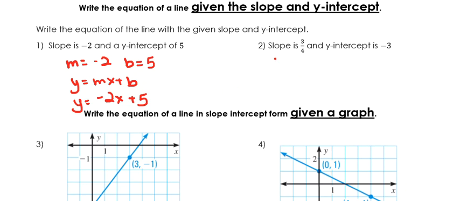Over here, your slope is 3/4, and your y-intercept is -3. So you're just going to have y equals 3/4x minus 3. And I just want to make sure I pointed out, the rate of change, the slope, is always next to the x. The y-intercept does not have a variable next to it. So that's a really good way of actually identifying which one's which.